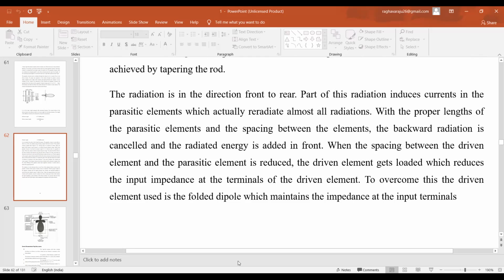To overcome this, the driven element is used as a folded dipole, which maintains the impedance at the proper input terminals.